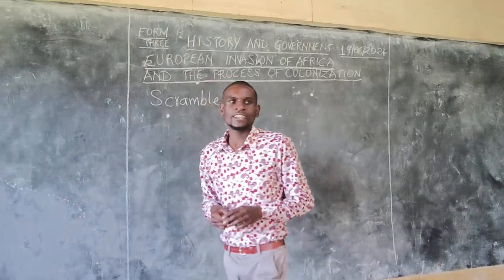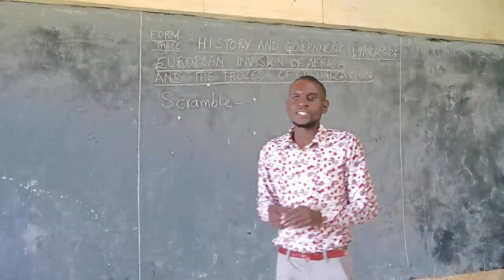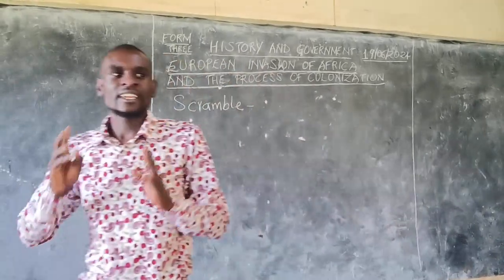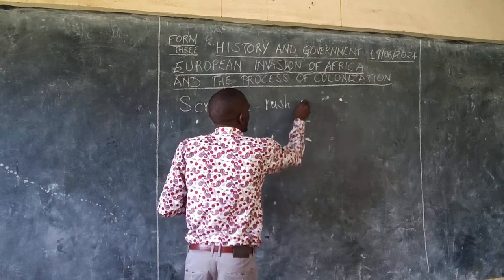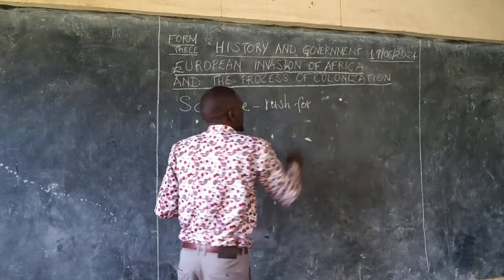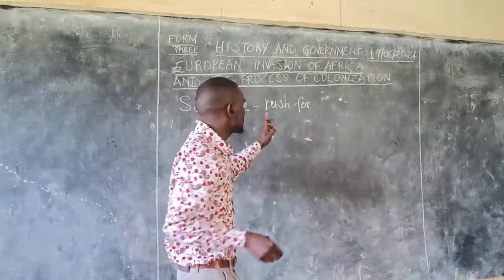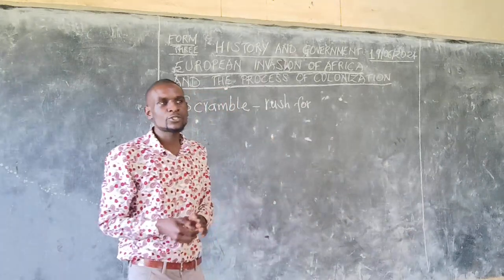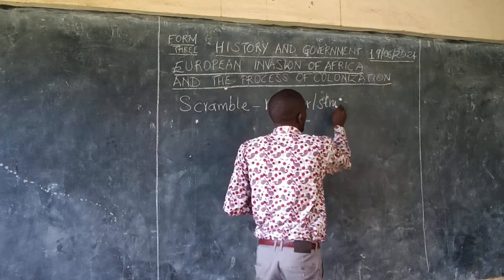Scramble is the first thing that we have to look at. Scramble is defined to be the rush for the African regions by the European powers. These European powers were struggling.